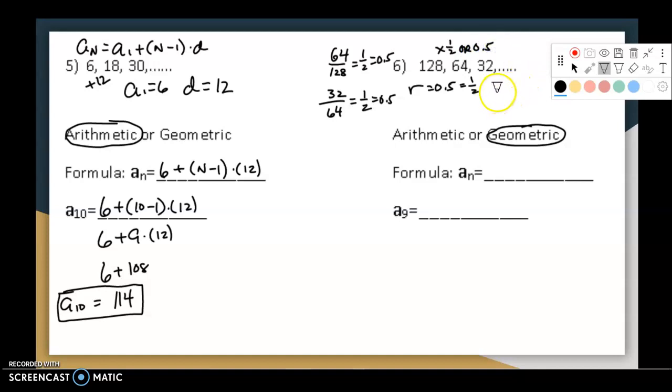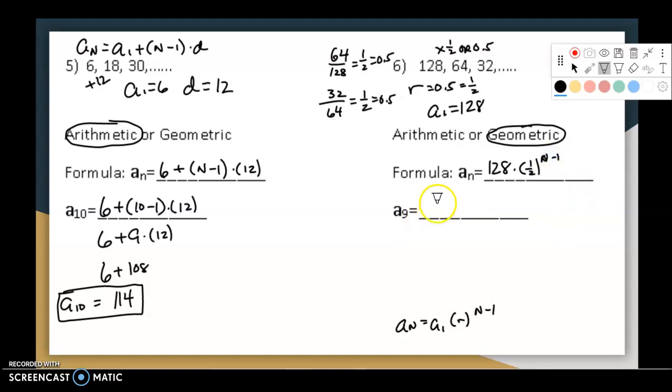Same thing. Okay, so your formula for a geometric sequence, let's put it down here where we have a little room. AN would be A1 times R to the n minus 1 power. So AN is going to be A1, which is going to be 128. That's A1, 128, first term, times 1/2 or 0.5 to the n minus 1 power.